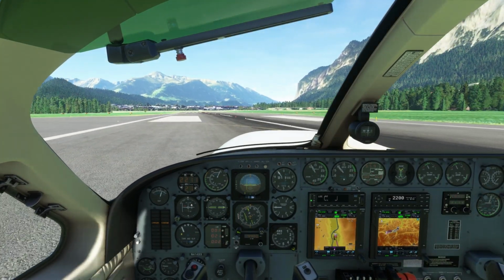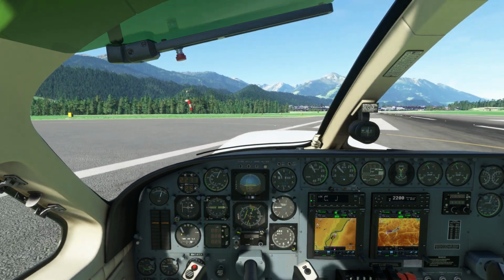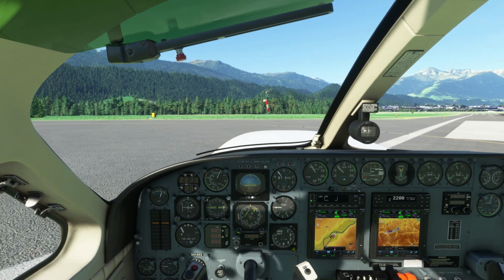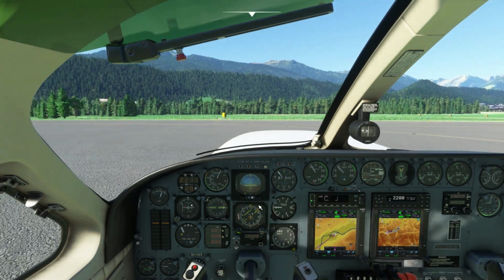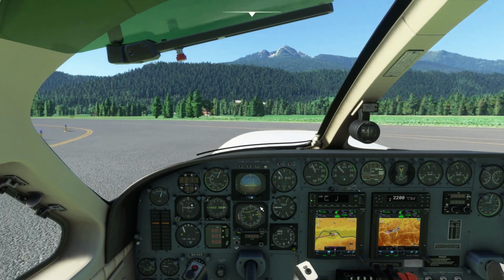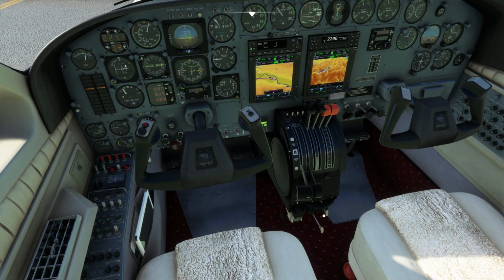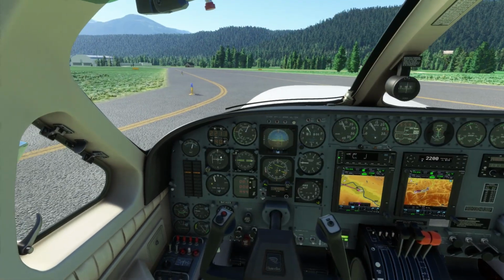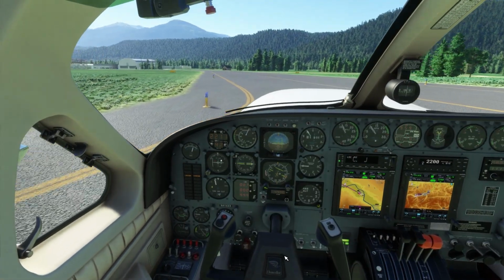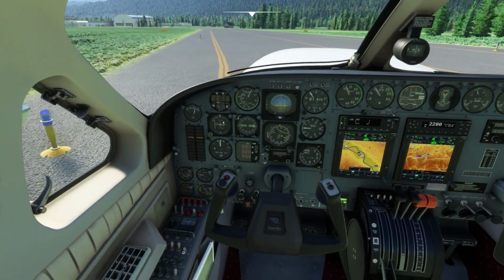Instead of pressing the brakes, I pressed the left rudder to go full, and it did, unfortunately. So yeah, okay, I'm off the runway, so this can be retracted.